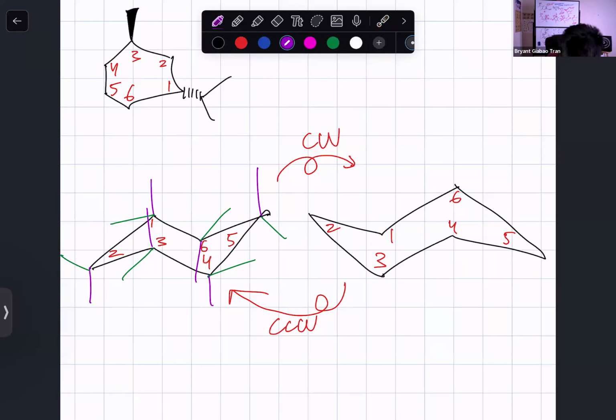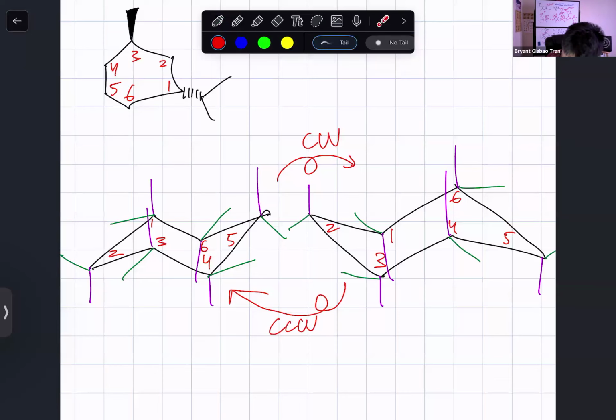So before we do that, let's do the same trick for axial. Up, down, up, down, up, down. That's all the axial. Equatorial, do that same trick. Opposite to the axial, parallel to the bond they do not touch. Like that. Right.